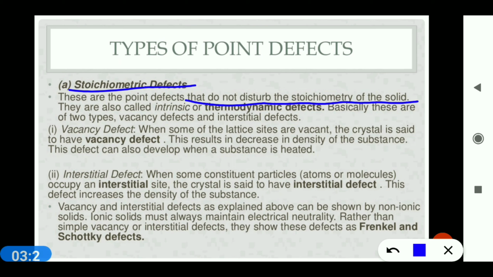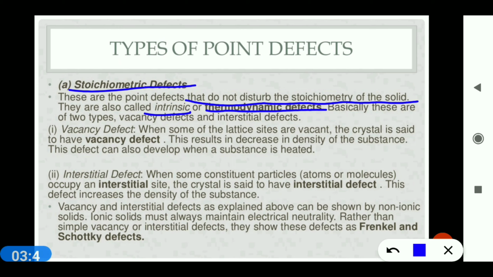It means the ratio of the cation and anion remains the same after the defect also. This means there is no disturbance in the stoichiometry of the solid. They are also called intrinsic or thermodynamic defects.